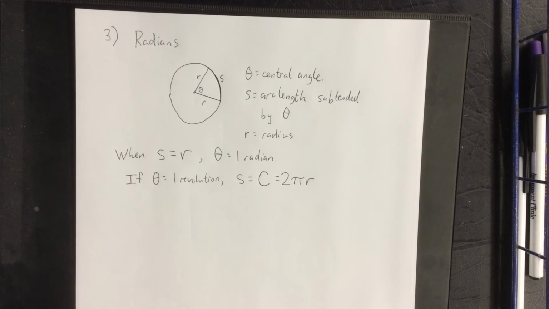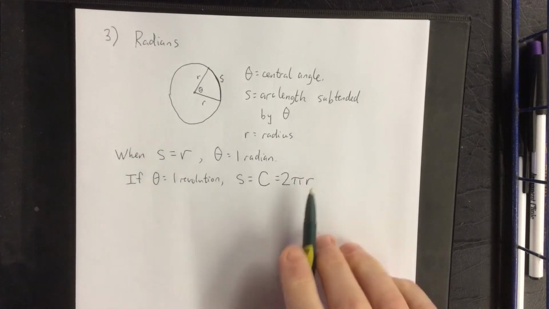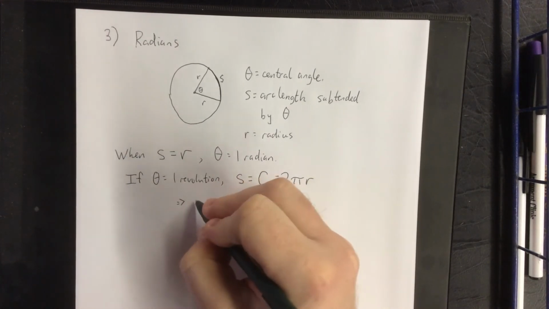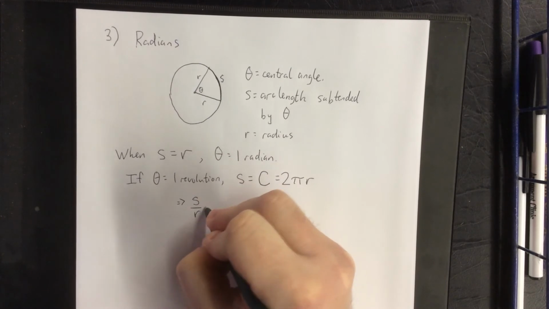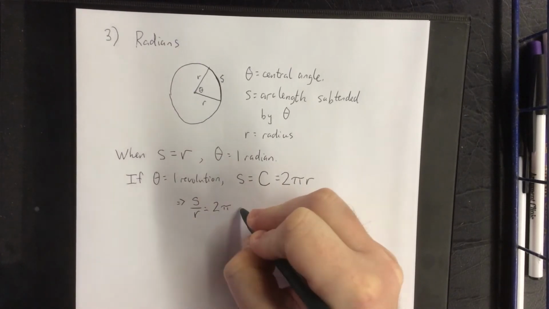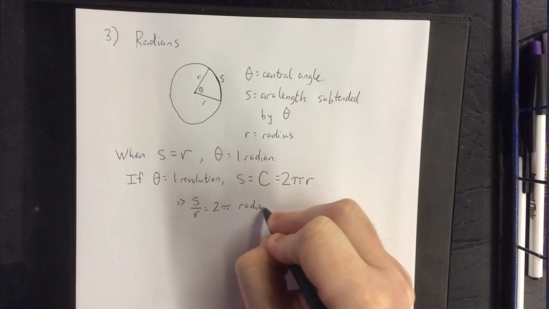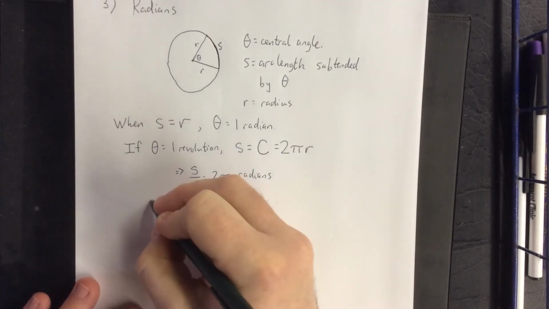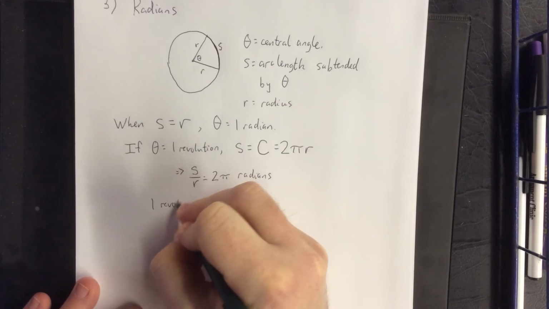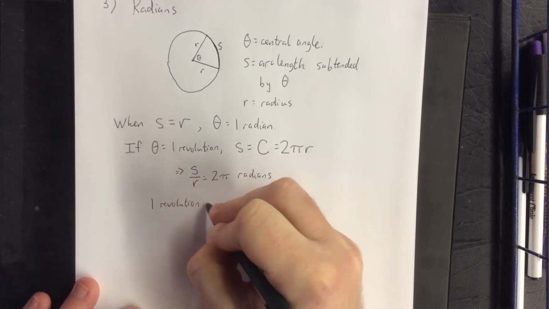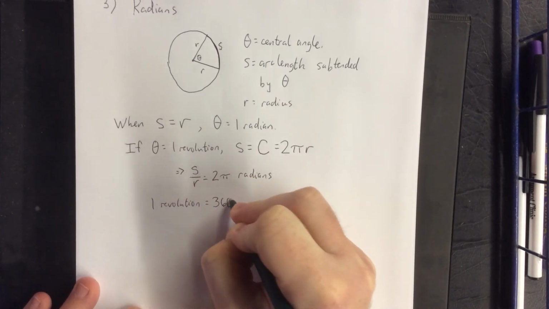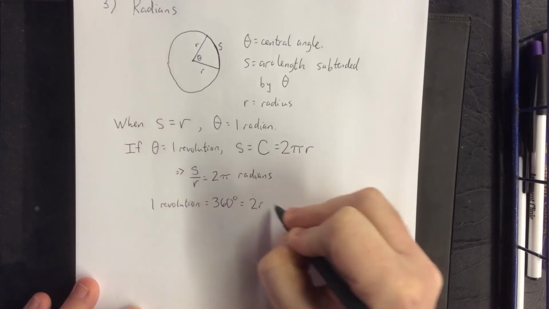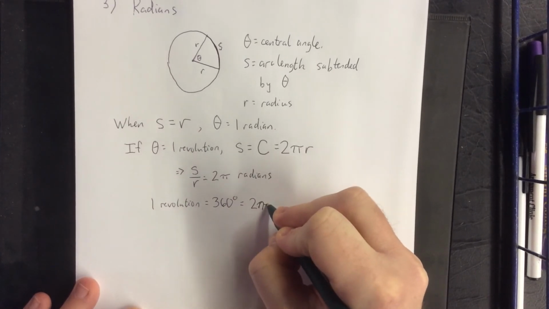So if once again we look at that ratio of s to r, this means that s over r would be equal to 2 pi radians. We can interpret this to mean that 1 full revolution is going to be equal to, in degrees, 360 degrees, and in radians, 2 pi radians.